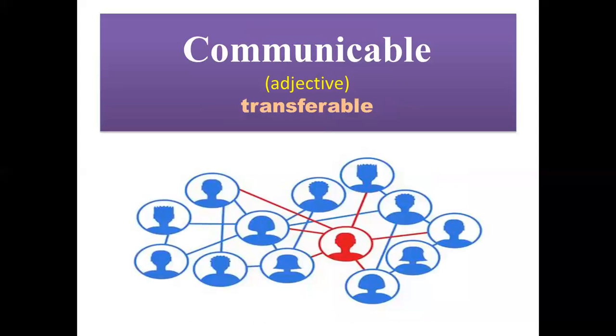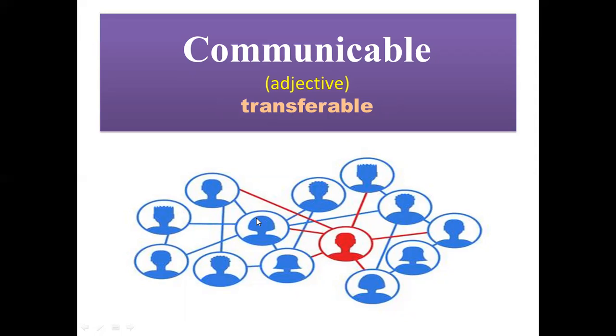Then the next word is communicable. Now, what is communicable? Communicable is an adjective and means anything that can be transferred. As you can see in the picture, the red person is infected, let's say, and if this disease that he has can be transferred to other people, then this is called communicable.